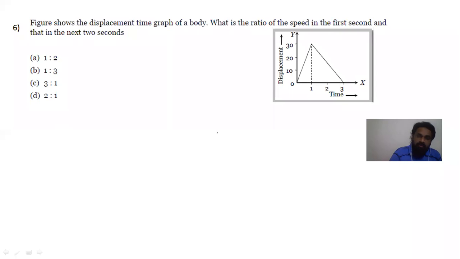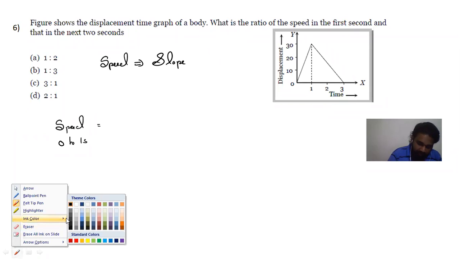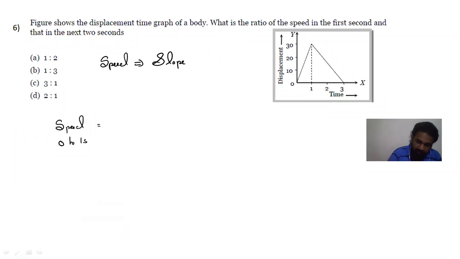Okay, how can we do this? First we will see speed between 0 to 1 second. So this is a displacement time graph. Speed is nothing but slope. So I am interested to take the slope between 2 points so that I will be getting the speed.